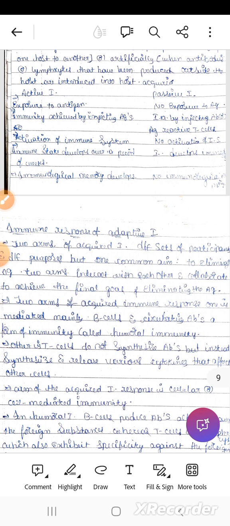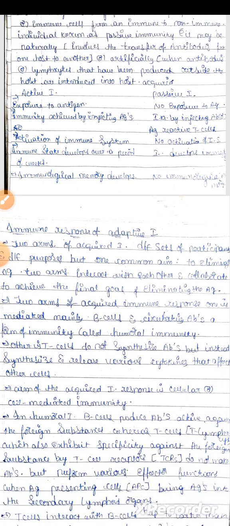And next one is the differences between active immunity and passive immunity. Active immunity involves exposure to antigen, and passive immunity involves no exposure to antigen. Immunity is achieved by injecting antigens in active immunity, and by injecting antibodies or antigen-reactive T cells in passive immunity.